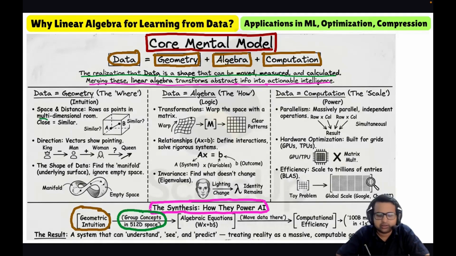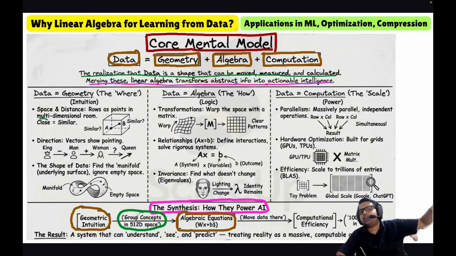The algebraic equations like Wx + b tell the model to use this specific matrix multiplication, Wx + b, to move the data there.